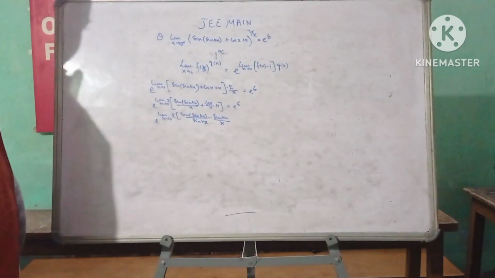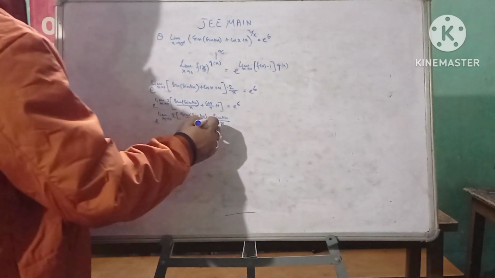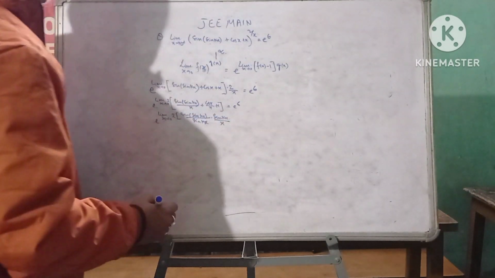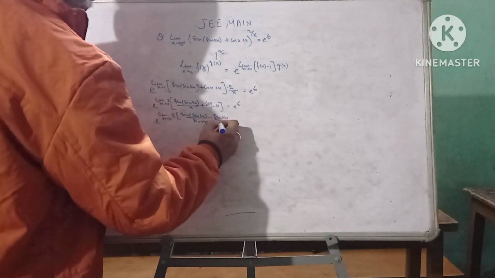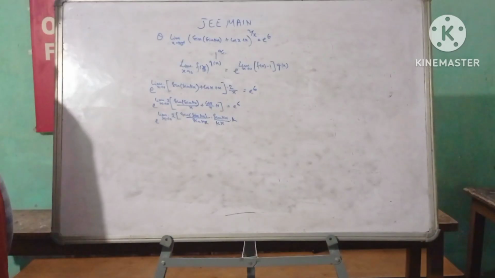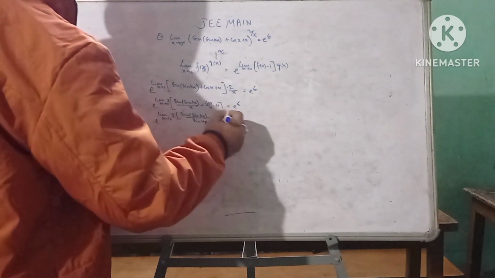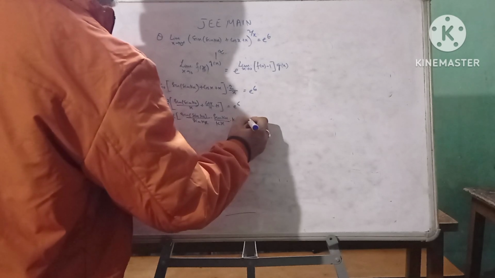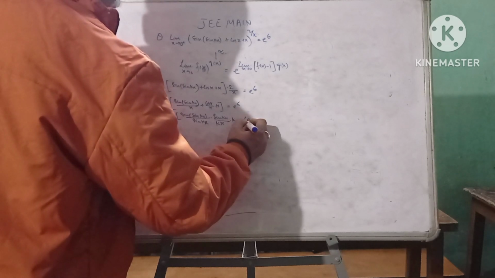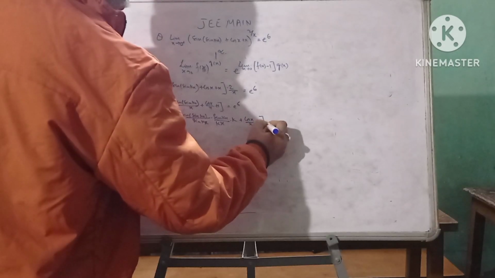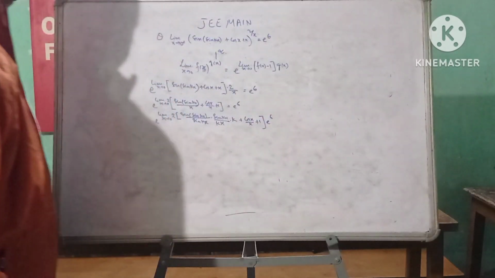Again we can do one thing here, that is kx into k. And here again this is cos x by x plus 1. This will be e to the power of 6.